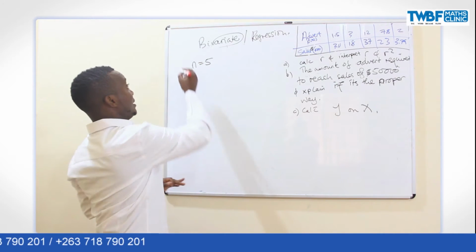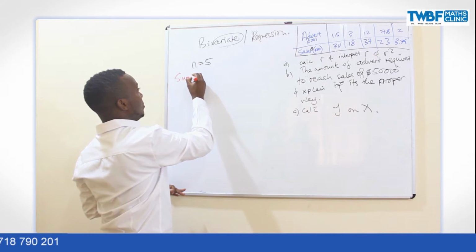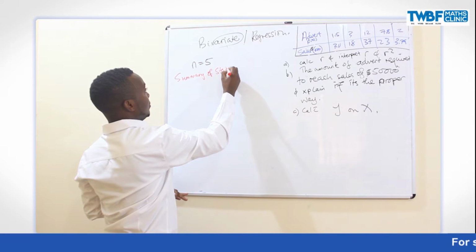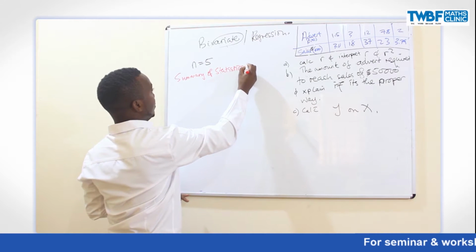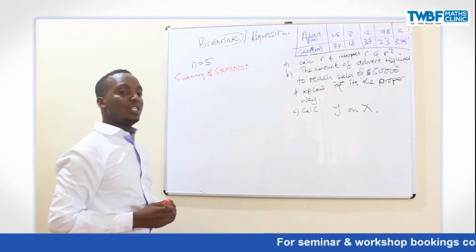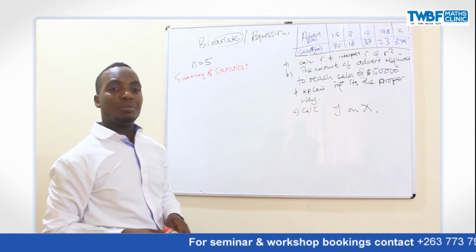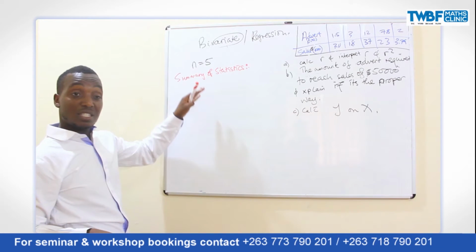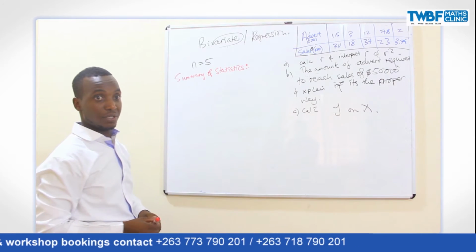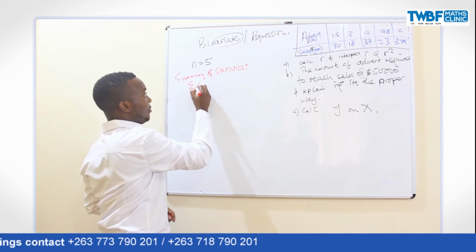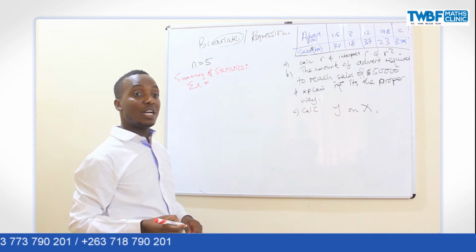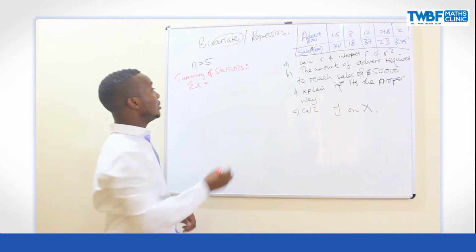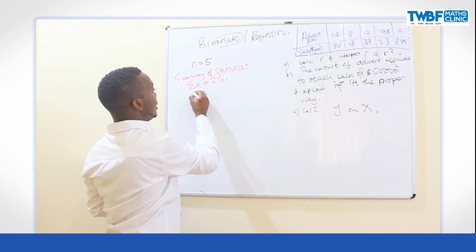Your summary of statistics. It's not in the rigorous way of calculating, because now there are softwares that do that. So you can just straight away use your calculator to go for summaries. So the first summary is summation of x. What is summation of x from your calculator? Recall sum of x. 26. Summation of y.